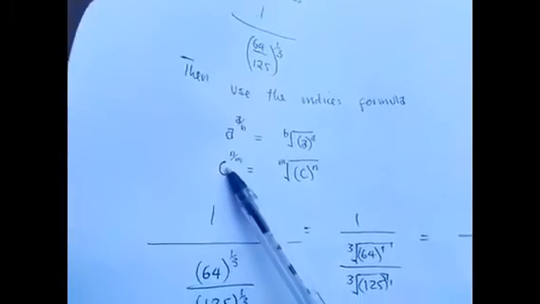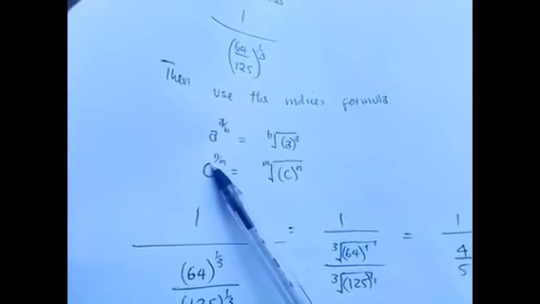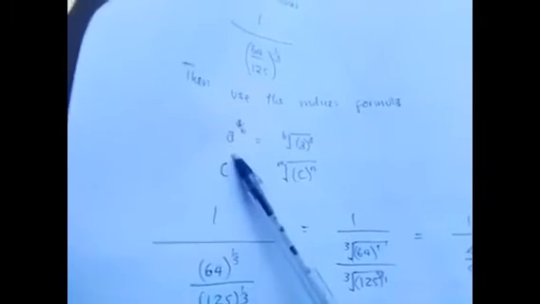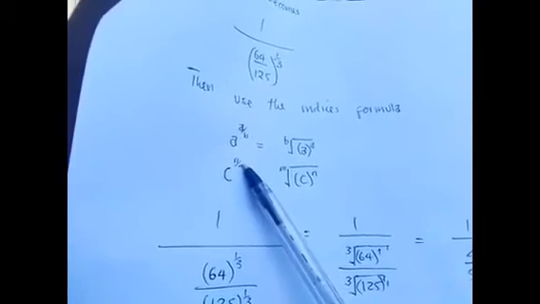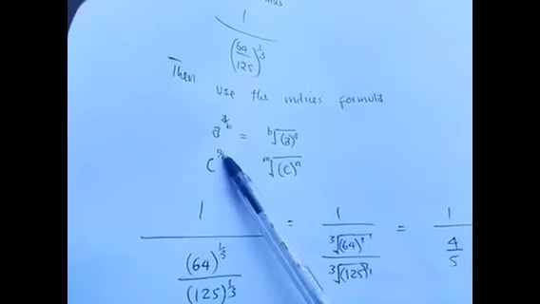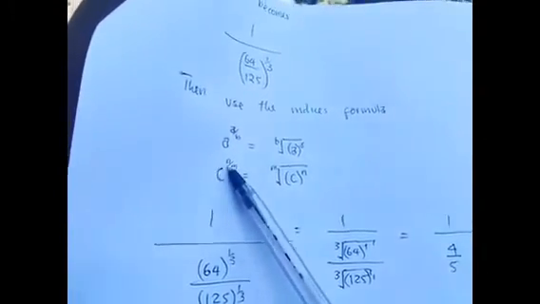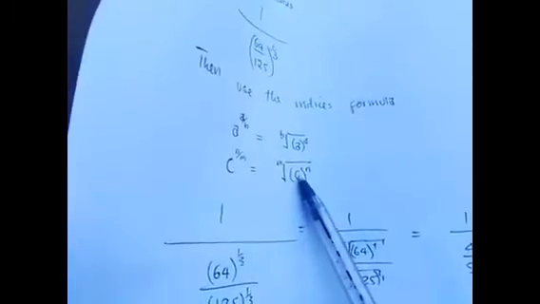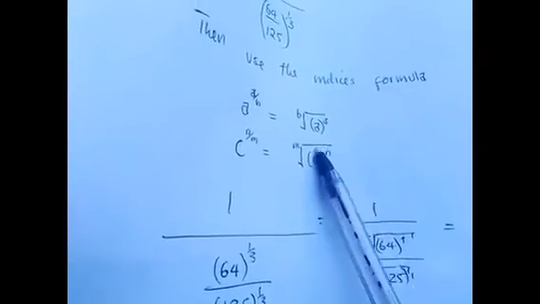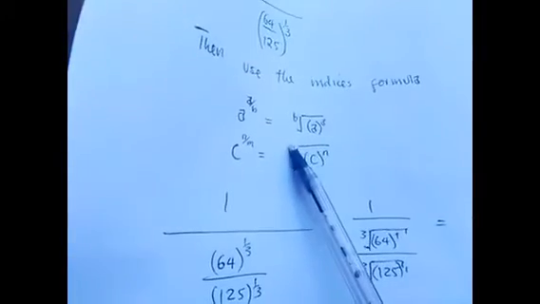So this is the same explanation, c raised to the power n over m. So mind you, this function is in positive index form, and n and m represent integers of the particular equations or anything you've been given. So I was just trying to emphasize the rule here. So c will come into the root raised to the power, which is the numerator, and then the m goes here.